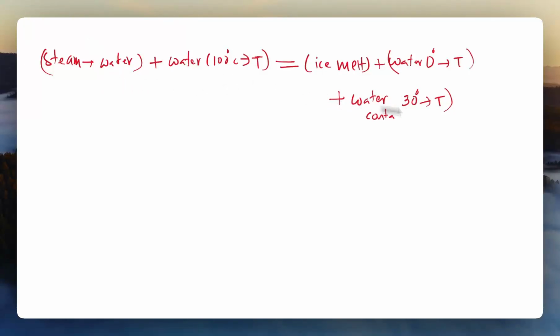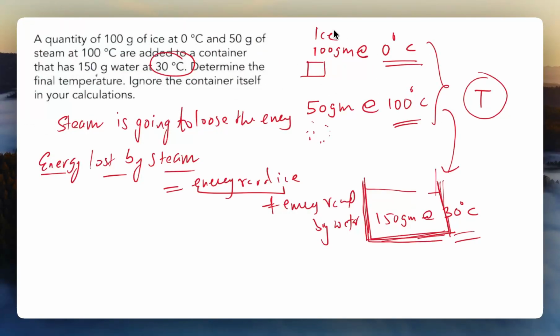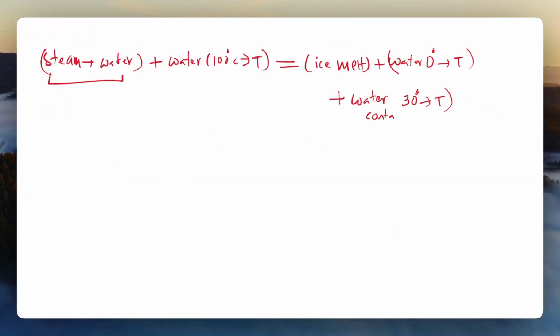So we are going to simply write the equation for all of it, and then try to find T, right? First, starting with the steam. There is 50 grams of steam, right? So the mass of steam into the latent heat of vaporization, from steam to water.